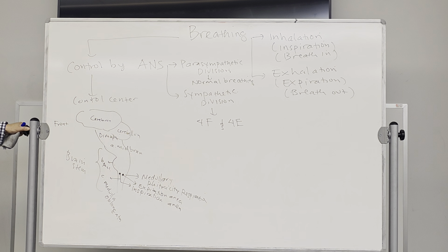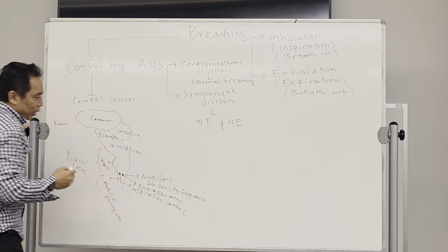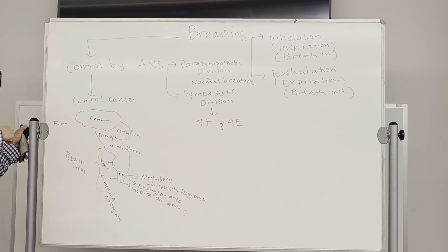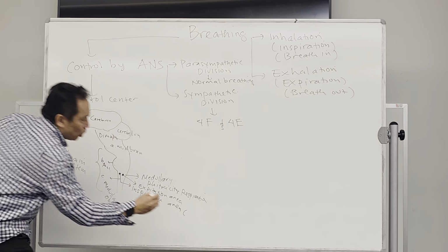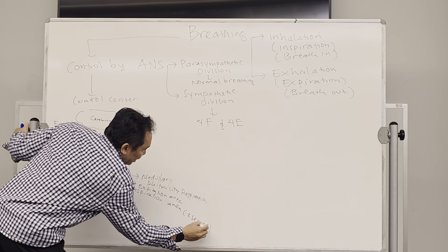Inspiration means inhale. It will control your breathing automatically, so you don't have to count how many seconds you breathe in and breathe out, because it's controlled by the ANS.